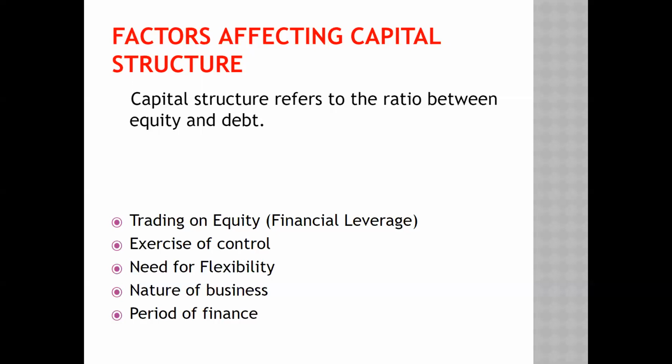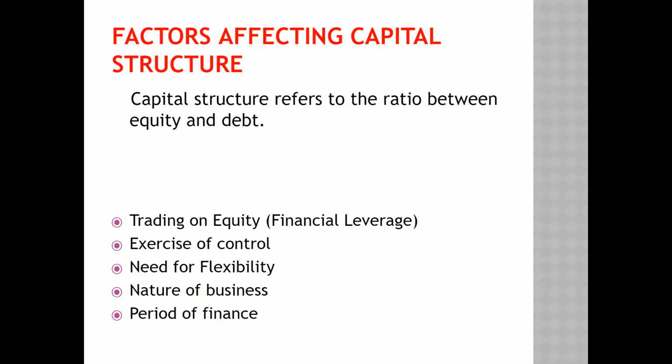Then nature of business. Nature of business means that if a company has regular and liberal earnings, then high capital gearing is possible, meaning borrowed capital will be more. But if there are fluctuations, borrowed capital will be less and equity will be more.